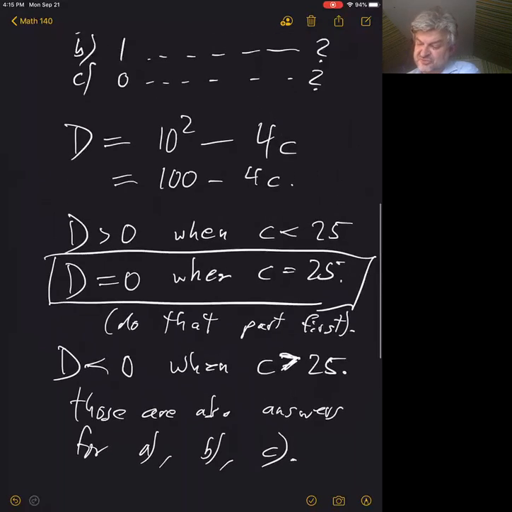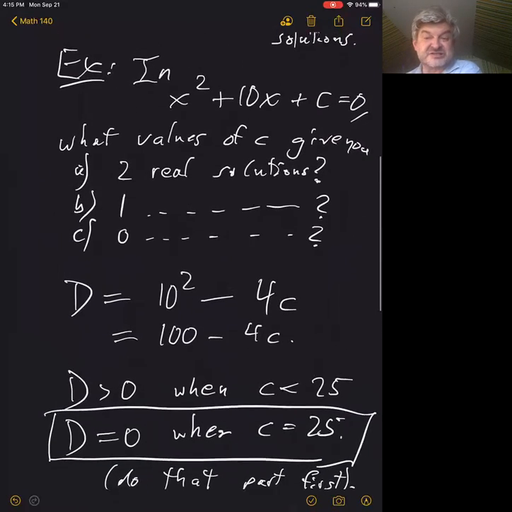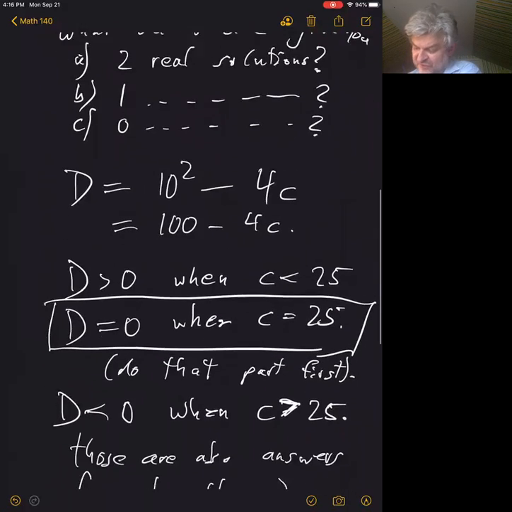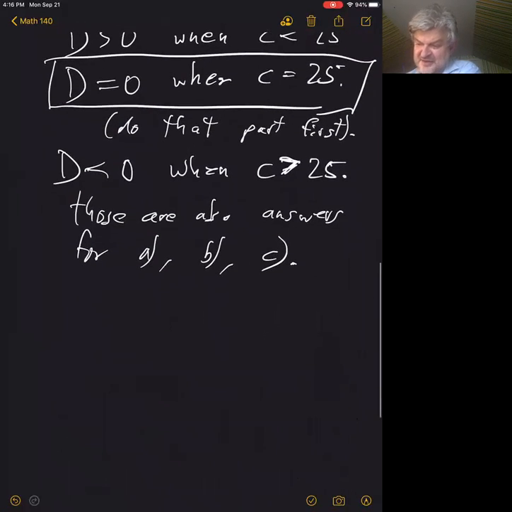So that's how you can use that discriminant without actually solving an equation to tell how many solutions it has. That's sometimes useful. That's the first item in my mixed bag.